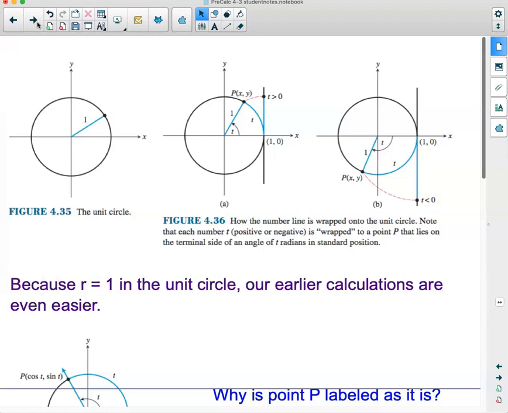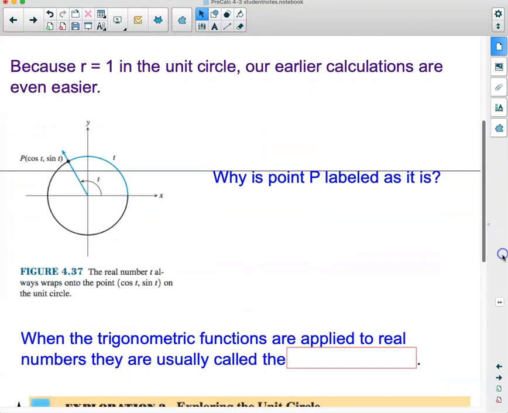Because r equals 1 in the unit circle. Our earlier calculations, really, really easy. We pick things for a reason in math. We pick them logically, so it'll make the math nicer and easier for us. So here's what happens because we pick r of 1.